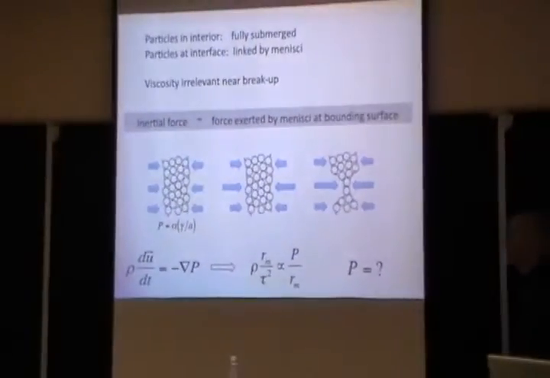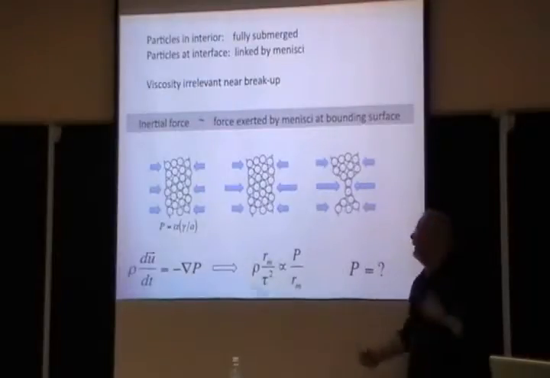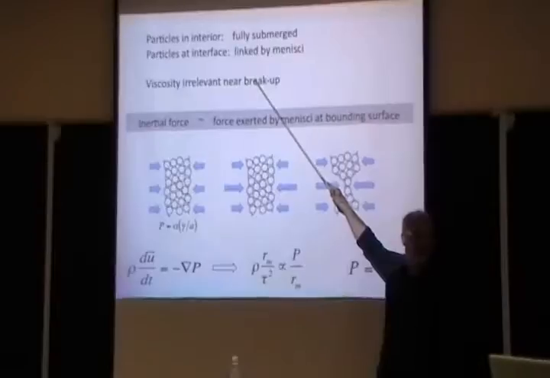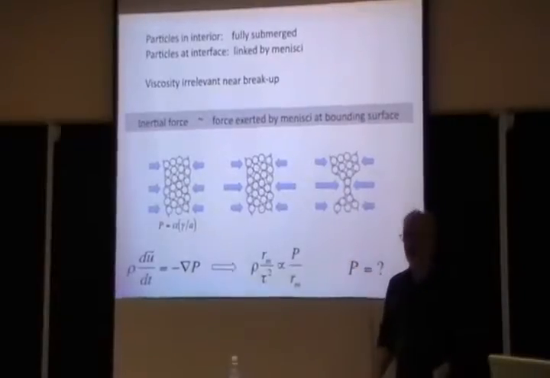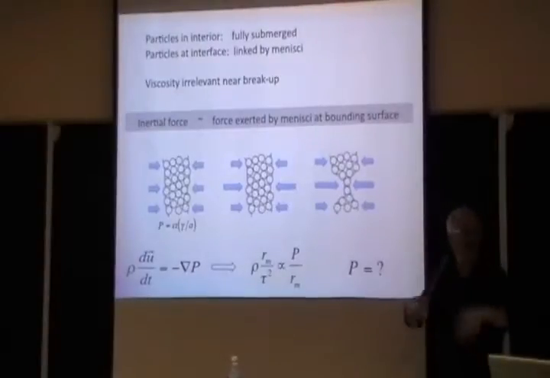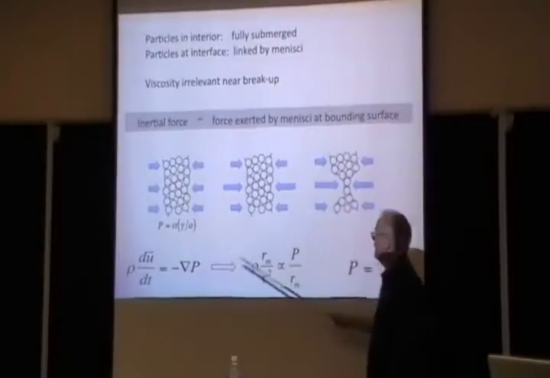Okay, so the idea is then to start with the Navier-Stokes equation. Use the fact that viscosity is irrelevant, which basically means irrotational flows, and use the fact that the volume has to be conserved, so no particles are jumping out. Reasonably, I would say you can go from here to this.